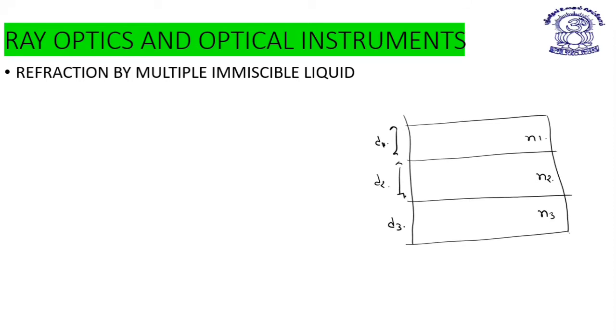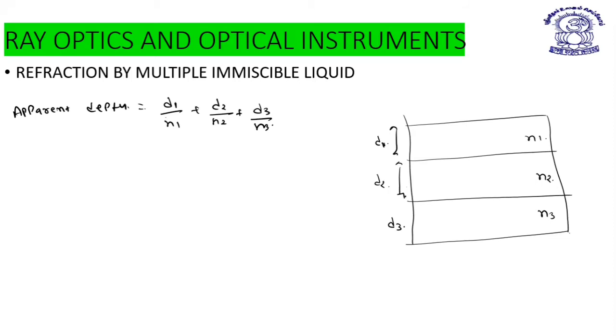So here, total depth is D1 plus D2 plus D3. It is the real depth. The apparent depth will be D1 upon N1 plus D2 upon N2 plus D3 upon N3.